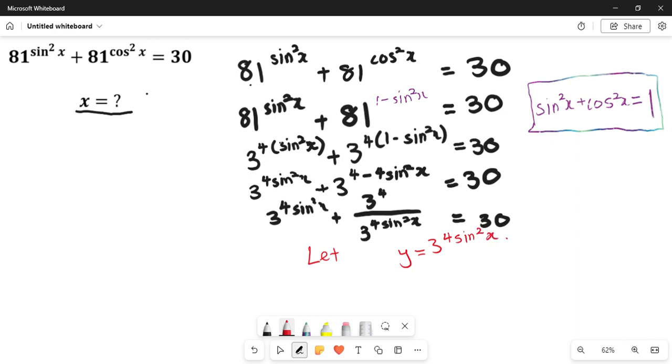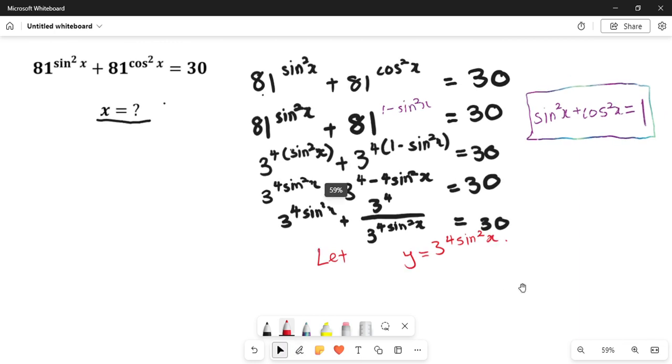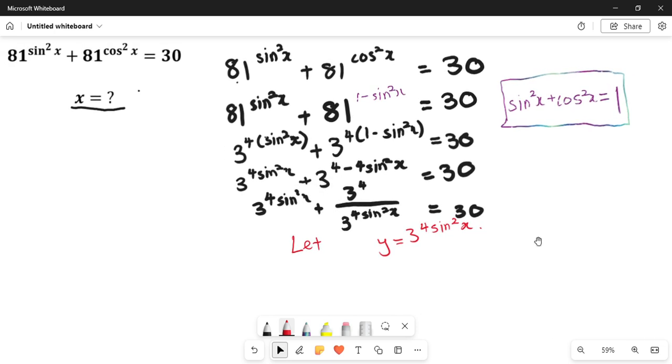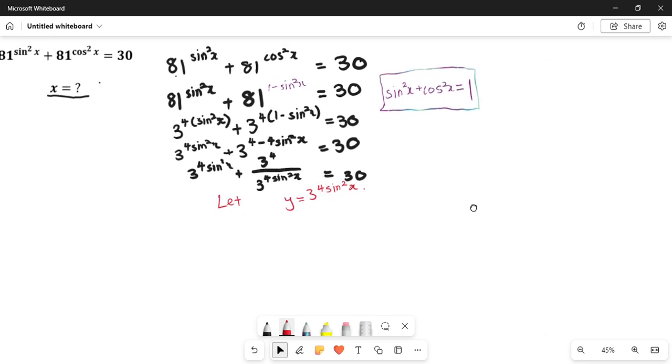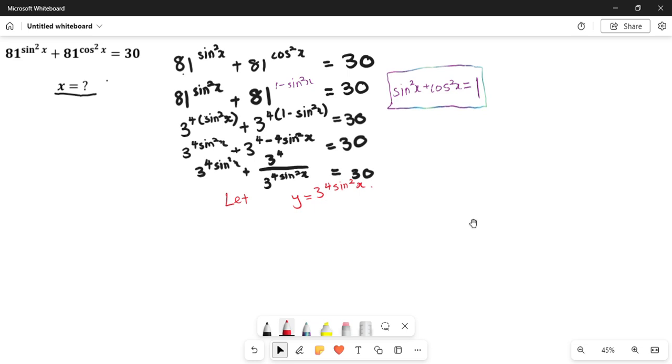I'm just going to replace everything with y. So y plus 3 to the power of 4, which is 81, over y equals 30. So y square minus 30y plus 81 equals 0.